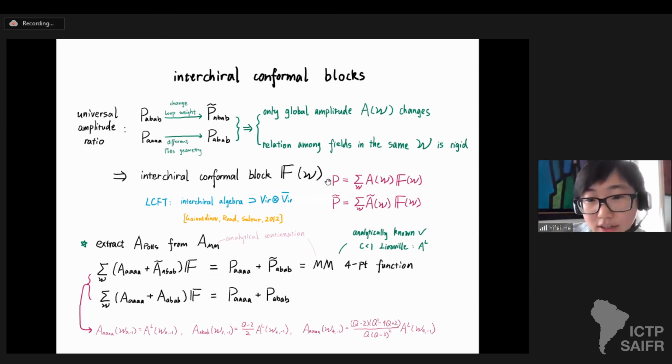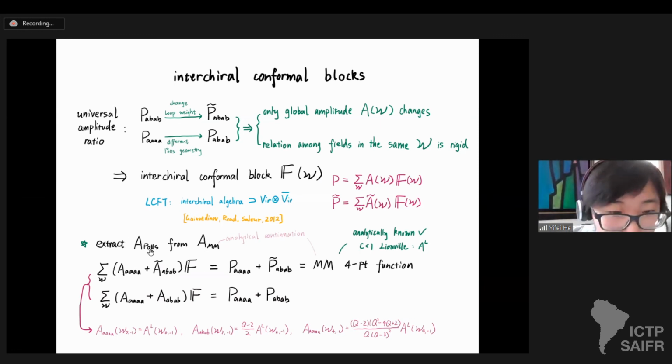And so for such quantities, we can write them in terms of summing over such interchiral blocks with some amplitudes. And the name behind this is from this earlier work studying on the lattice, where they suggested there's an interchiral algebra behind this logarithmic CFT, which is larger than the usual Virasoro times Virasoro bar.